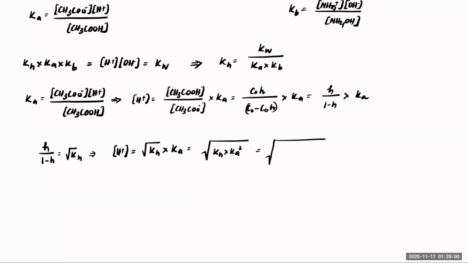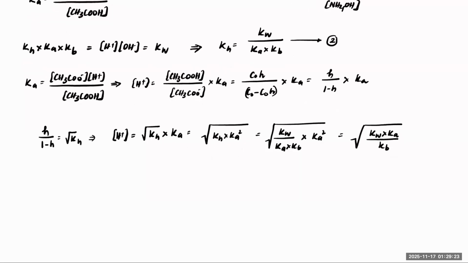We just derived KH as, let me put this as equation 2, Kw by Ka multiplied by Kb, and now it is multiplied by Ka square. So one Ka will get cancelled. So we will get this as Kw into Ka divided by Kb.